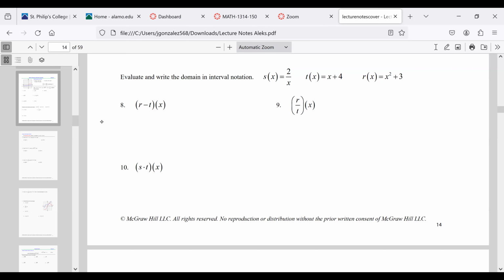Basically, when you add or subtract functions, the domain will be the intersection of each domain, but usually it doesn't really change except for division. We don't have to write so much.